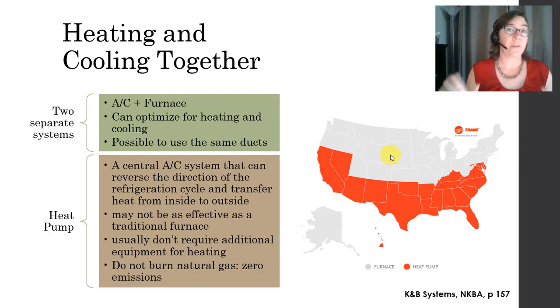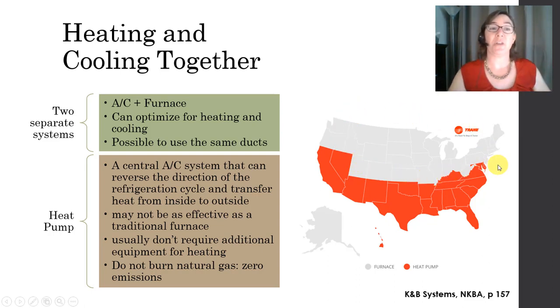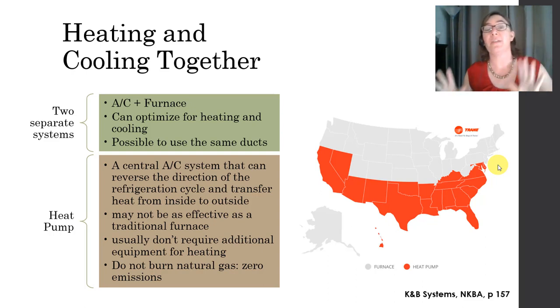Even though they are two different systems, it's possible to use the same set of ducts. In areas that are much colder, colder climates, it is more efficient to use a gas furnace system, and therefore it's more efficient to use the two separate air conditioning and heating systems.